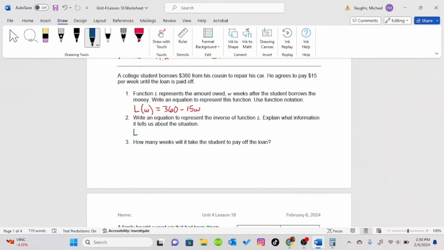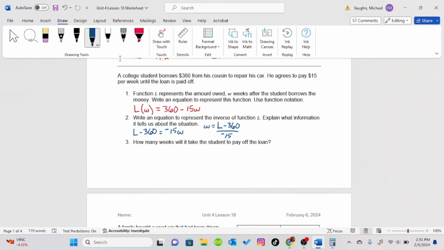So now we have L minus 360 equals negative 15W. Then to get W by itself, we are going to divide both sides by negative 15. And we have W equals (L minus 360) divided by negative 15.